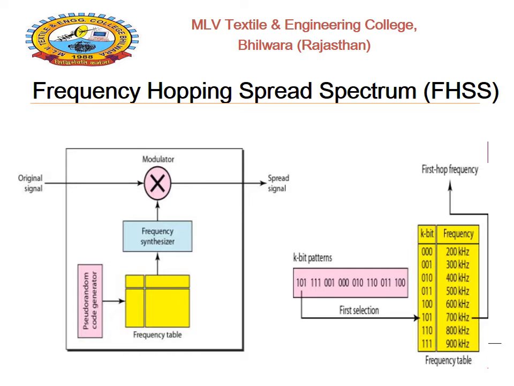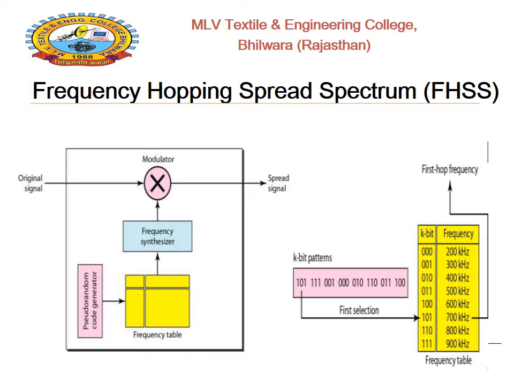The lower part indicates the frequency table, which is related to the pseudo random code generator. So ultimately the pseudo noise code generator is connected to the frequency table. The frequency table provides the particular frequency to the frequency synthesizer, and the frequency synthesizer provides that frequency to the modulator.